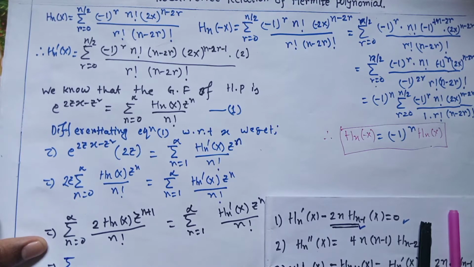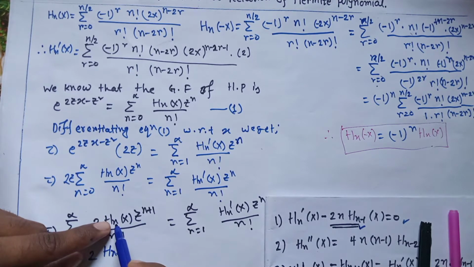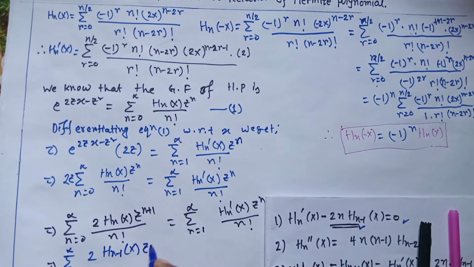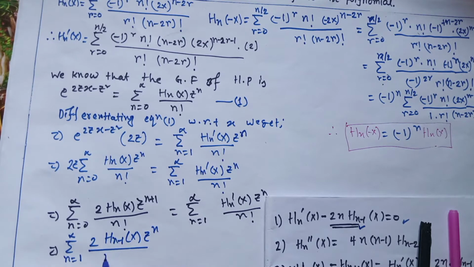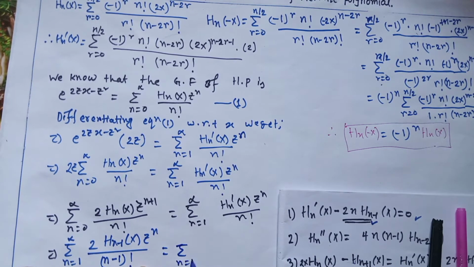Then we get n minus 1 equals 0, that is n equals 1 to infinity, 2 Hn minus 1, substituting n by n minus 1, that is z to the power n minus 1 plus 1, divided by n minus 1 factorial, equals summation n equals 1 to infinity Hn dash x z to the power n divided by factorial n.